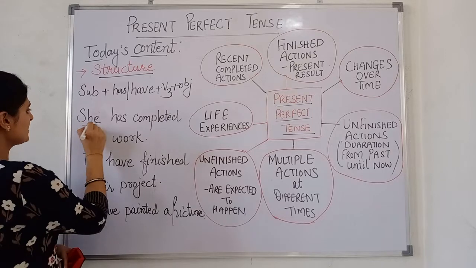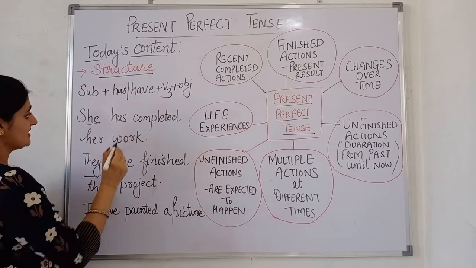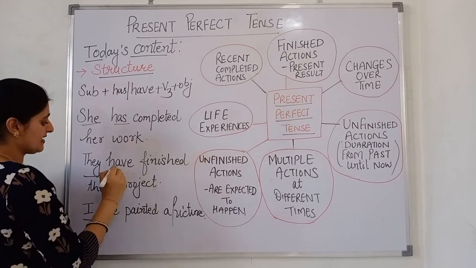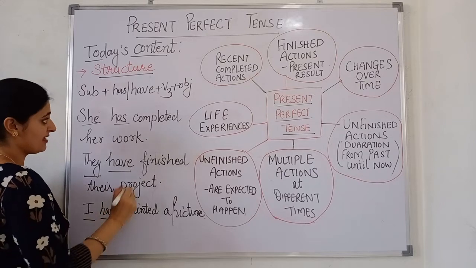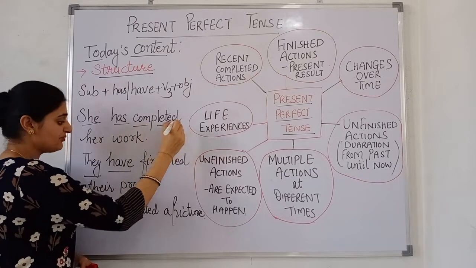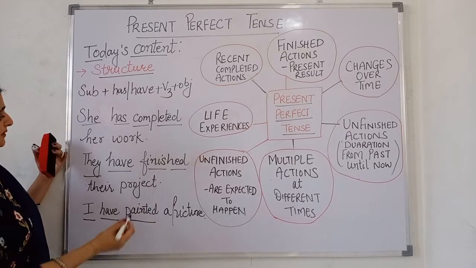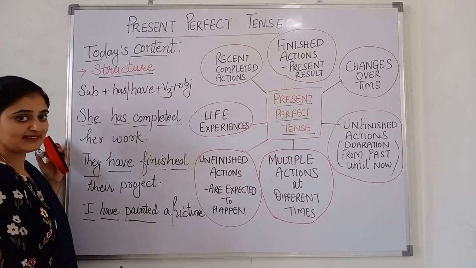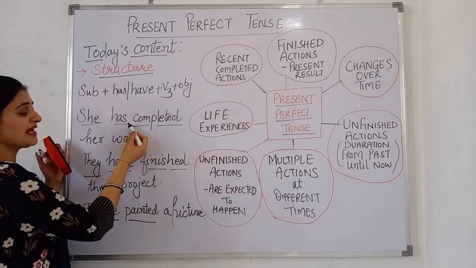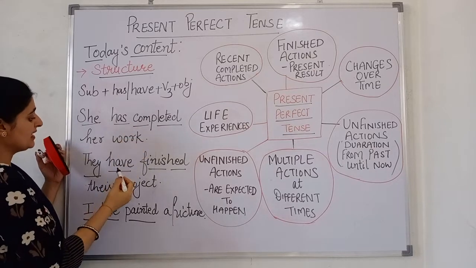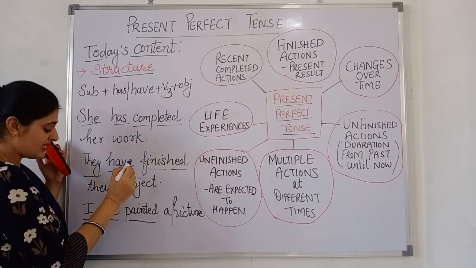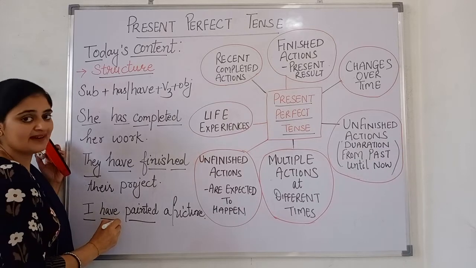Okay, so this is the subject. This is the helping verb, has, have. And this is the past participle form, the third form of the verb. Okay, so analyze these three sentences. Here I used has as a helping verb. Here I used have. And here again I have used have.